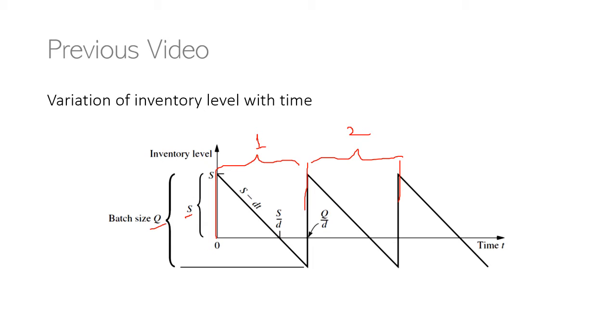We focus on a particular cycle. Let's say that this is the first cycle of replenishment. In the first cycle, we divided this cycle into two portions. The first portion is this green portion.